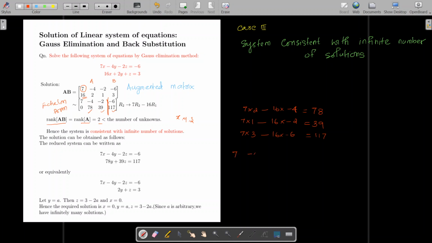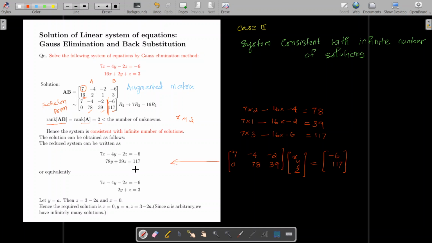We have the matrix 7, minus 4, minus 2; 0, 78, 39, into x, y, z equal to the right hand side minus 6, 117. So this is the matrix representation corresponding to this row echelon form, and from this matrix representation let us write the linear system of equations.